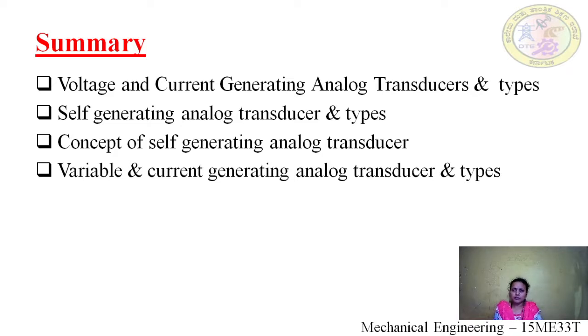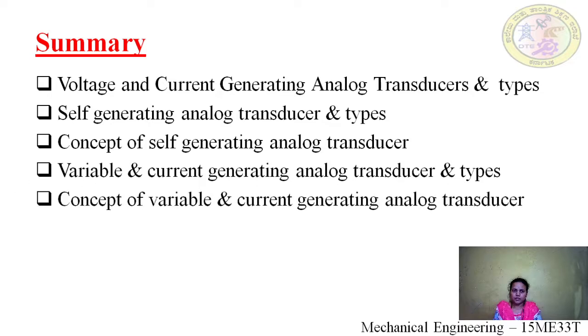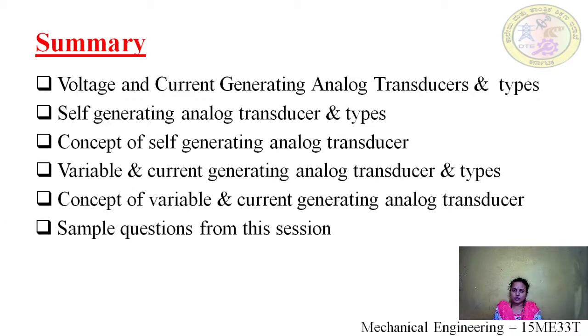The types are magnetostrictive transducer, LVDT transducer, etc. Next we saw the concept of the variable inductance generating analog transducer using two coils, and we have explained the concept.